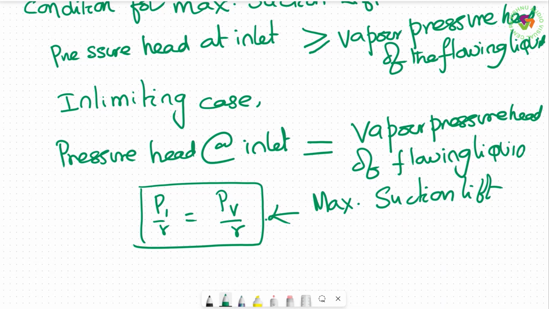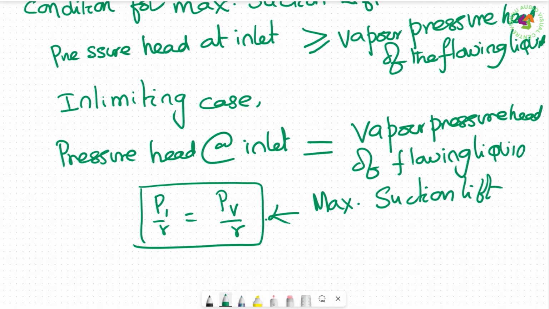The pressure head at the inlet should always be greater than the vapor pressure of the liquid. As long as the pressure head is greater than the vapor pressure of the liquid, there is no problem at all. Water gets lifted up, everything flows smoothly, and the pump will get maximum efficiency.